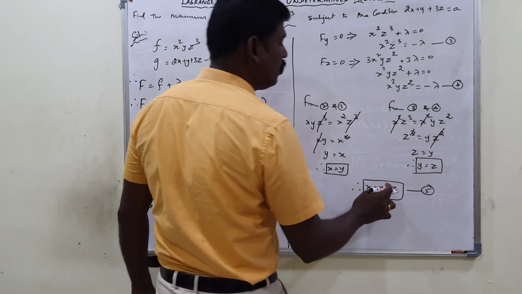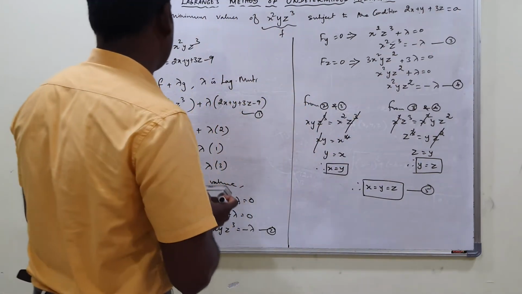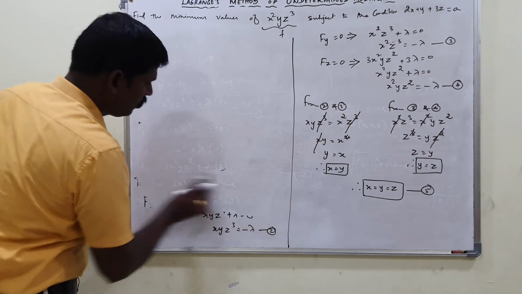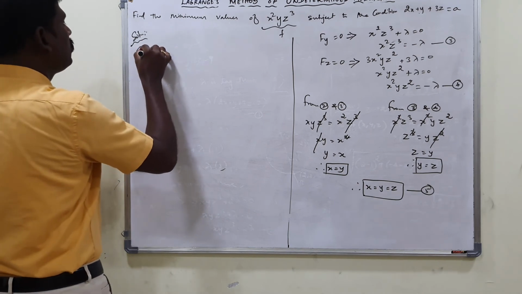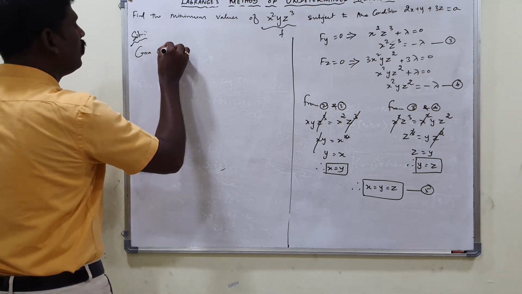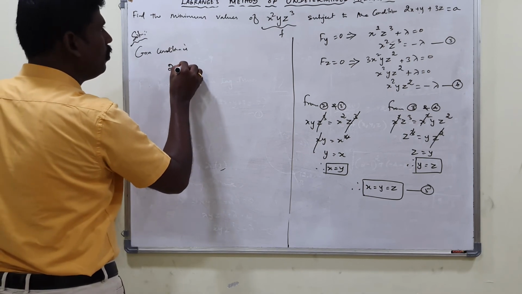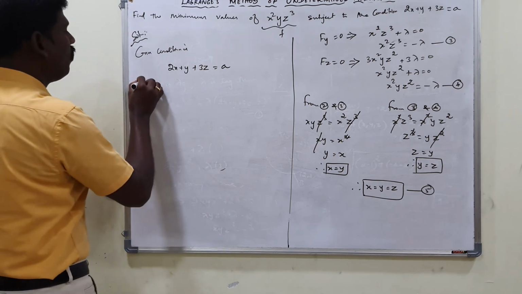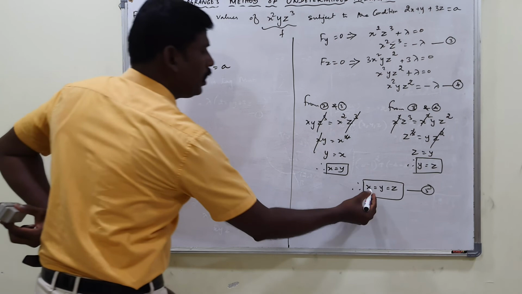I am going to substitute x equal to z and y equal to z in the given condition. What is the given condition? The given condition is 2x plus y plus 3z equal to a. Equation 5 implies we can substitute by replacing x by z.